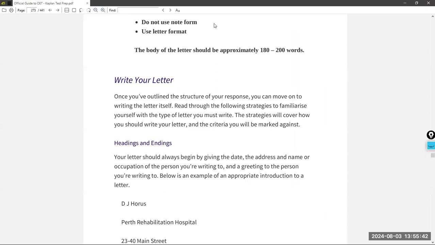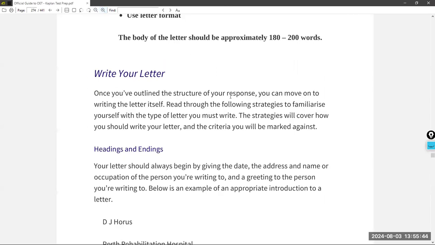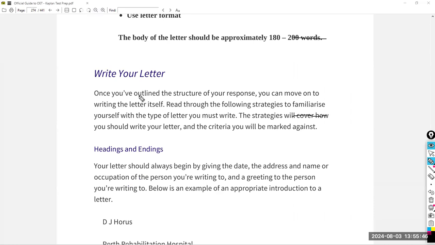Now, writing your letter. Once you've outlined the structure of your response, you can move on to writing the letter itself. Now, let's read through the following strategies to familiarize yourself with the type of letter you must write. The strategies will cover how you should write your letter and the criteria you will be marked against.